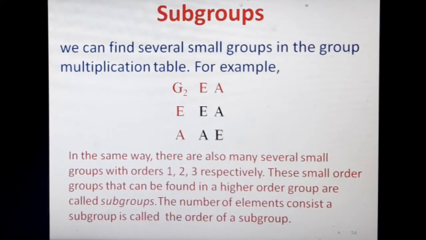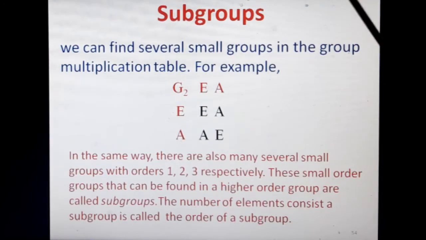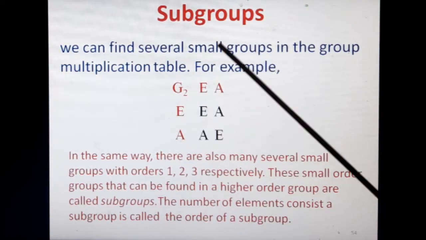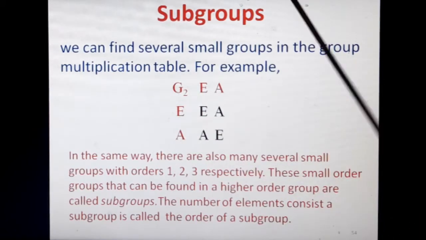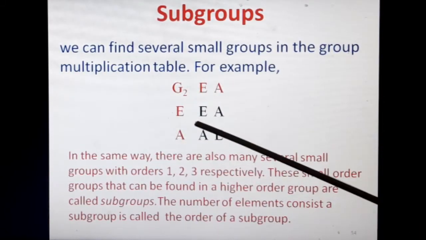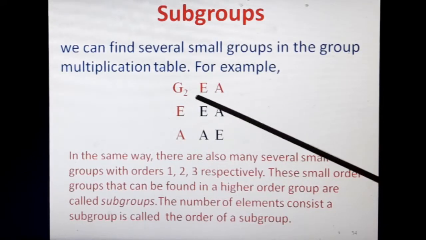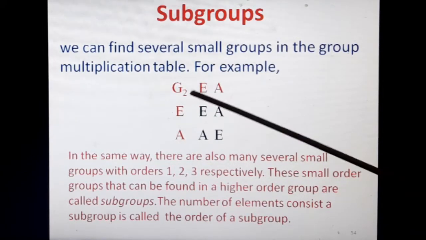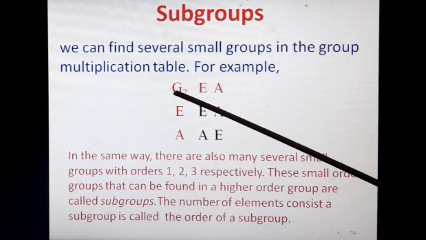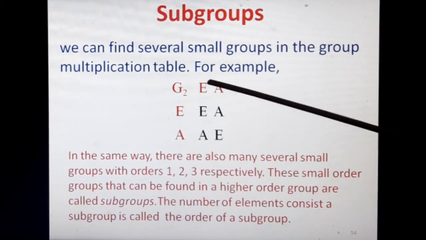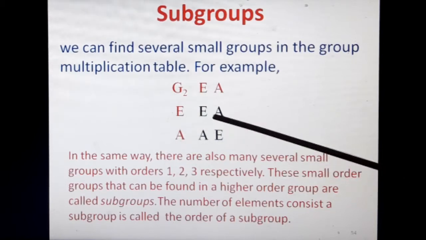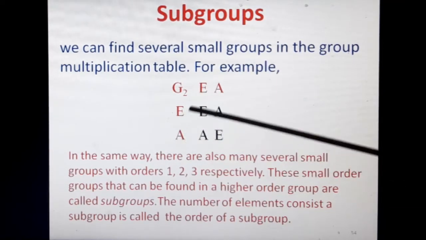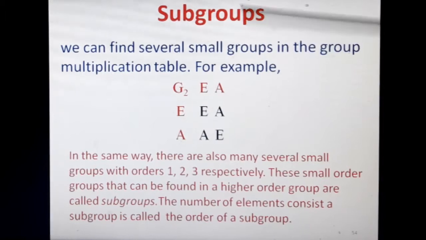Now what is a subgroup? We can find several small groups in the group multiplication table. For example, in the previous table, this G2 means a group of order 2, that is 2 elements E and A. So this is a group within the group.